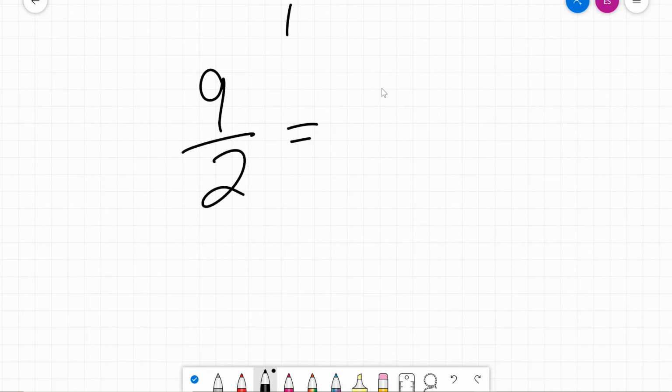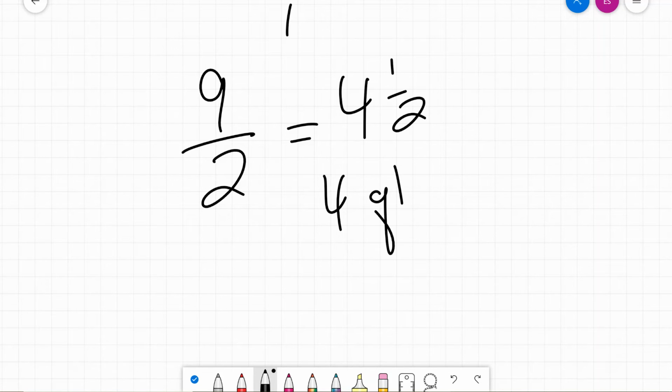And what I get is 4 and 1/2. Be careful, it might simplify. You have to make sure that the denominator is still your conversion unit. If, let's say, my conversion unit was 4 and it simplified to 1/2, we would have an issue. We'd have to make sure that the denominator was still 4. We'll try an example with that later. So 9/2, we have 4 and 1/2. Well, 4 quarts and 1 pint is 4 and 1/2.